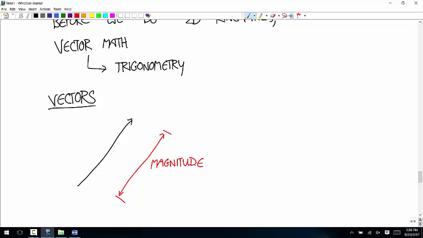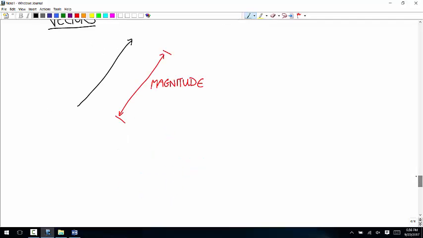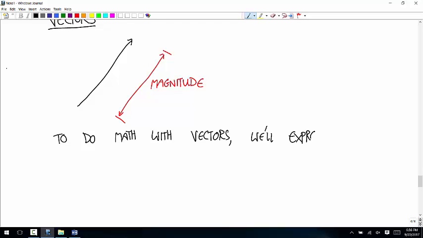And in order to do math with vectors, we're going to break it up into components. We'll express them as components.